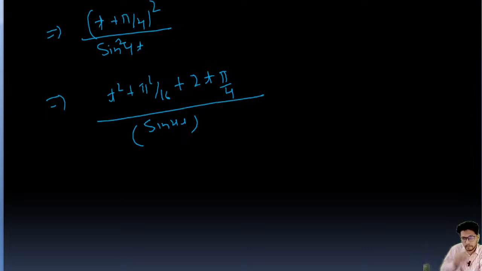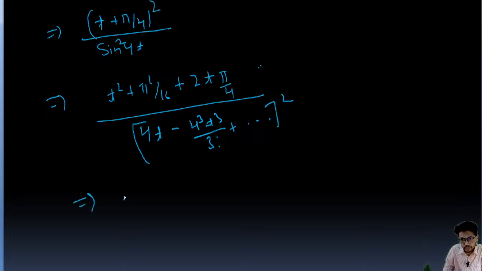Again, we can write the value of sine 4t like this: 4t minus (4 cube t cube) upon 3 factorial plus so on, whole square.